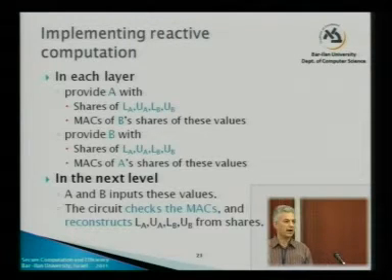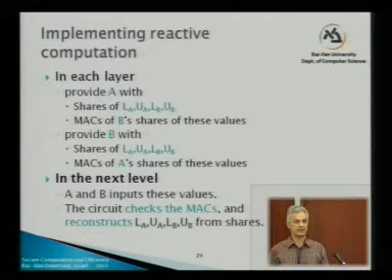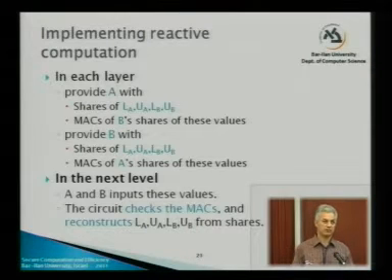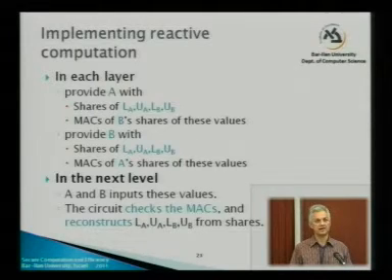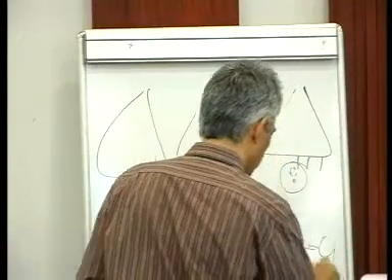It's a one-time MAC, but that's enough for our purposes. So to MAC a value x, I choose two random keys A and B, and the MAC will equal, let's call it y.